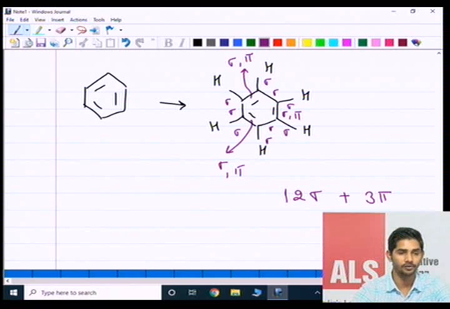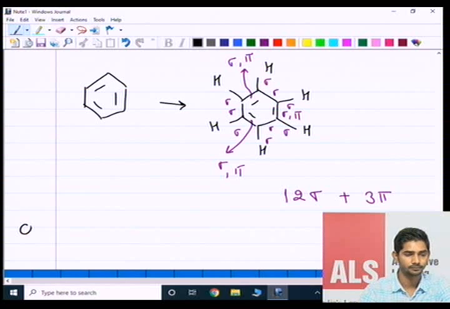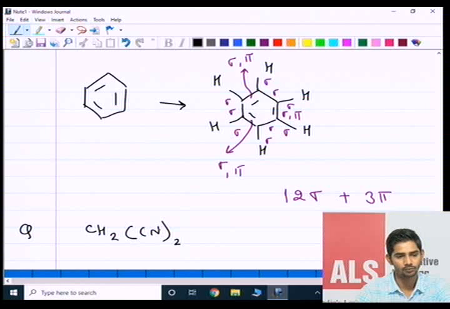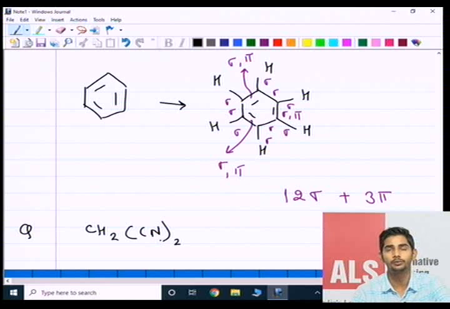Okay guys, let's move on. This is the question for you. Count sigma and pi bonds. CH2, CN whole twice. I hope you can expand the structure. Okay, this is your first question.